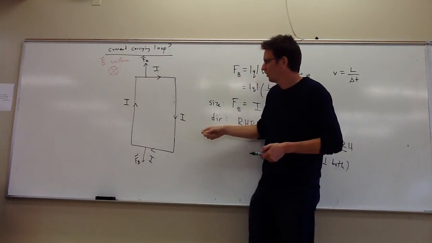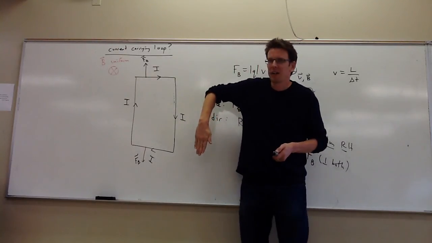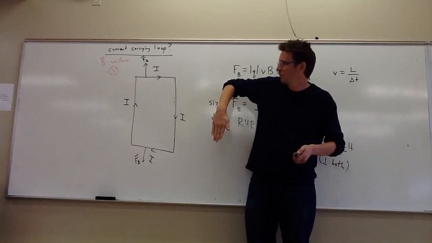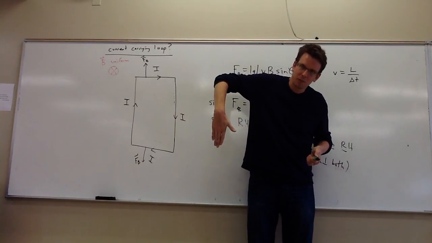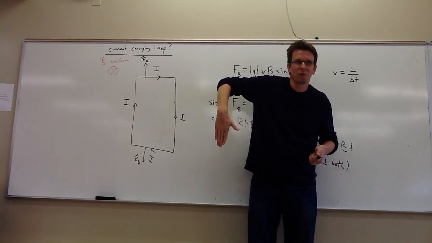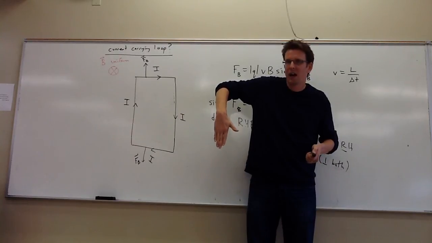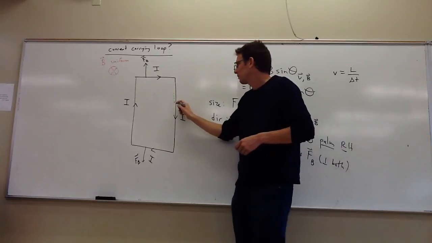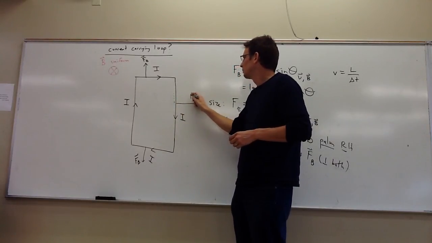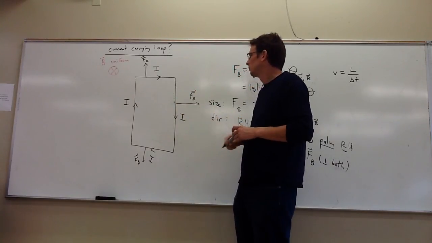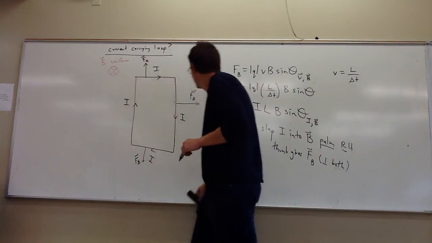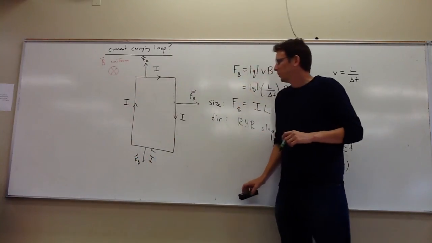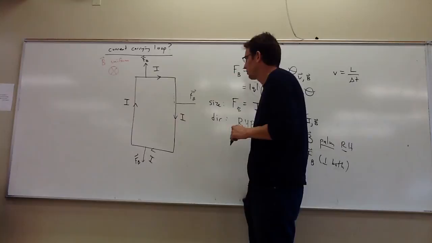Let's try the side one, the right side. Point I down, so fingers down. Slap it into B. This is getting a little bit arthritic, so you can rotate your page if you need to. I slapped into B. Force is to the right. That force will actually be a little larger, so I should draw it a little larger.